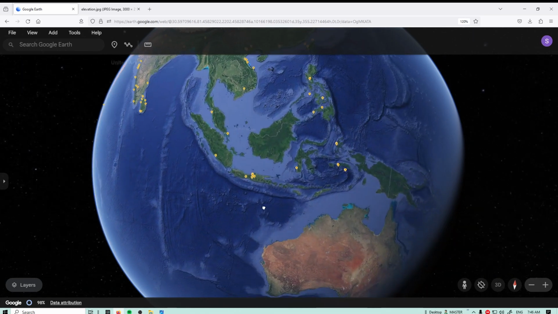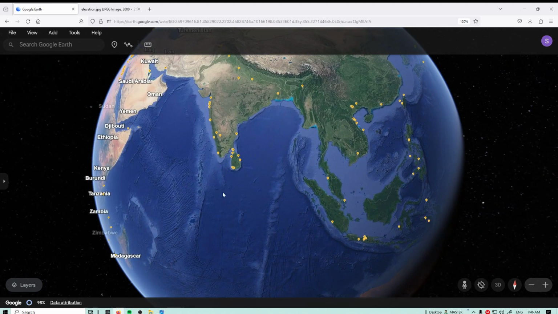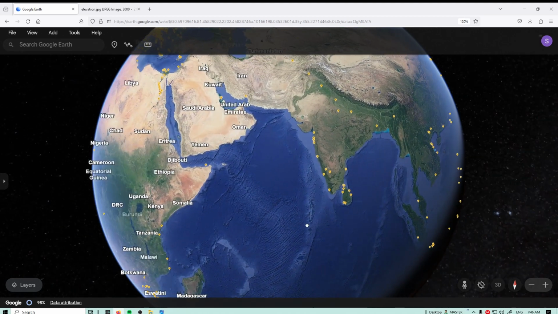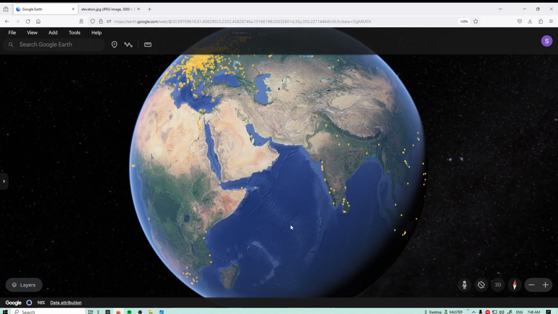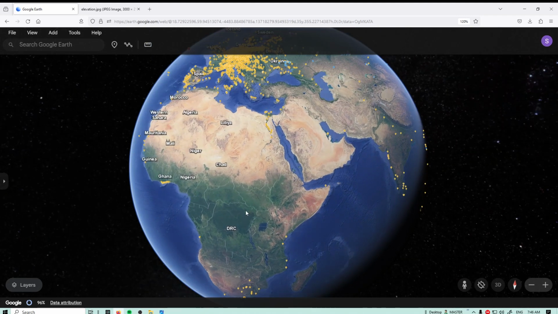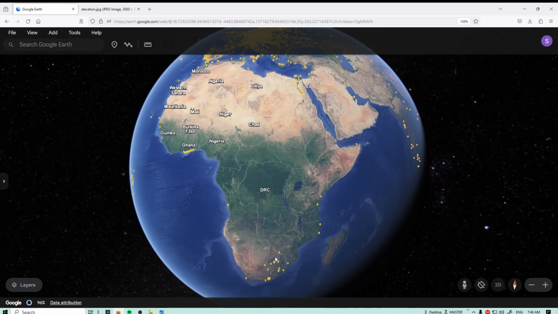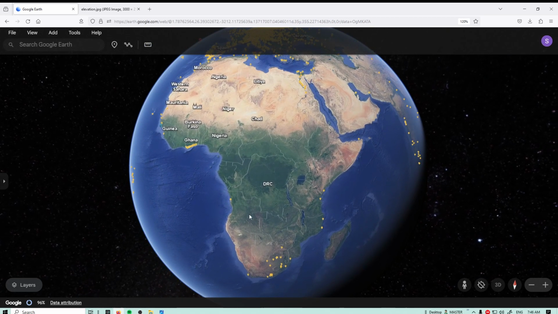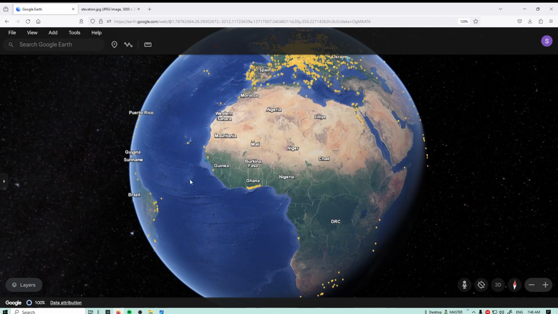I've got nothing yet in Australia, but I know there's a lot of stuff to cover in Australia, so it's gonna be very nice to explore this place. Okay, so you've got Africa, mostly on the coastlines, sometimes inland, but not a lot of inland compared to the coastline.